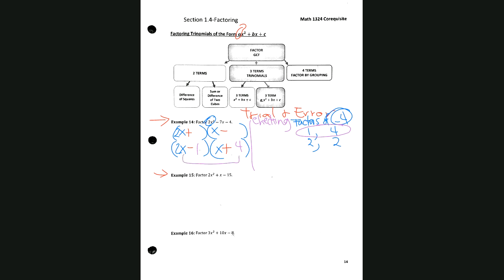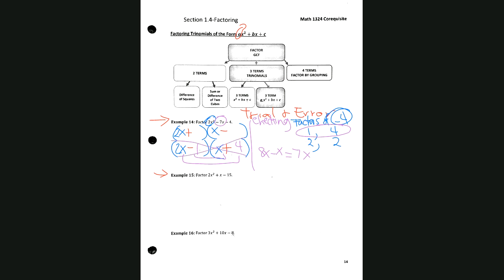So that will give us 8x. And then we will have negative 1 multiplied by x, so that will be negative x. And if we combine those, we will get positive 7x. And if you notice, we're almost there except for the sign. We need negative sign. So that tells me this is not the right combination.